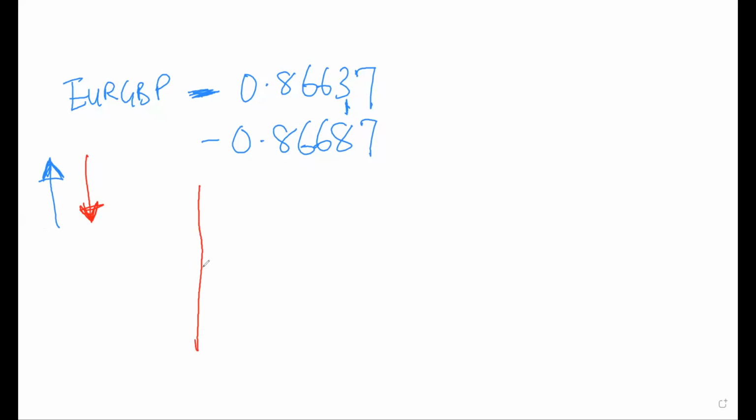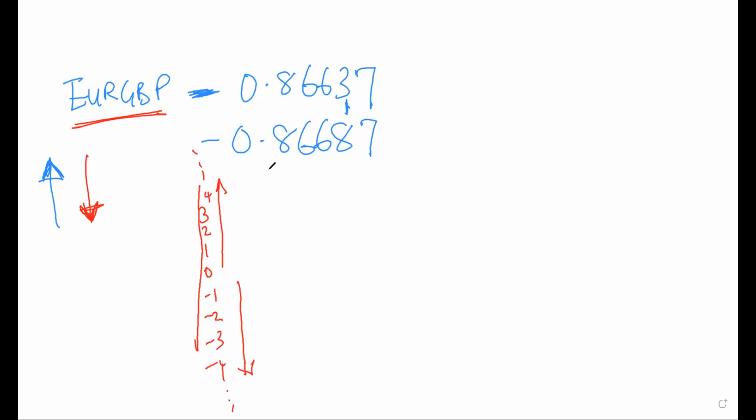So you have 0, 1, 2, 3, 4, up, up, and -1, -2, -3, -4, down, down. So if it is going up, what are you supposed to do? You keep adding. If it is coming down, what are you doing? You're subtracting, subtracting, subtracting. So now let's look at this example again, Euro GBP.